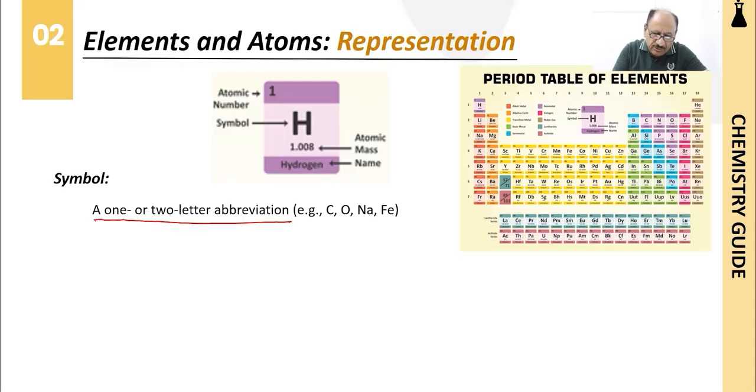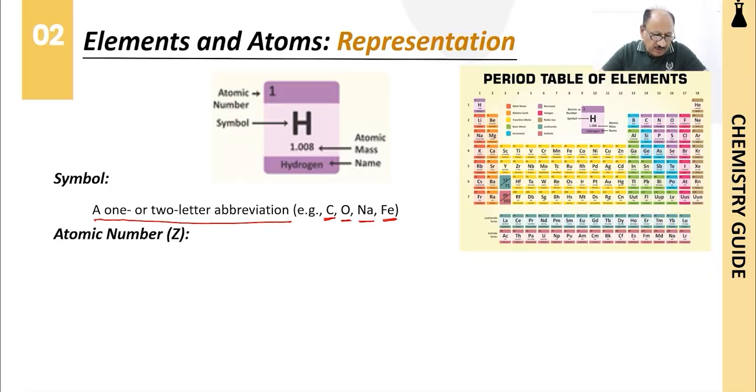For example, for carbon we take C, for oxygen O, Na is for sodium, and Fe for iron. These are standard. We cannot take our own. These are standard abbreviations which are specified. So for hydrogen it's H. We cannot take anything else. These are the standards which we need to follow.